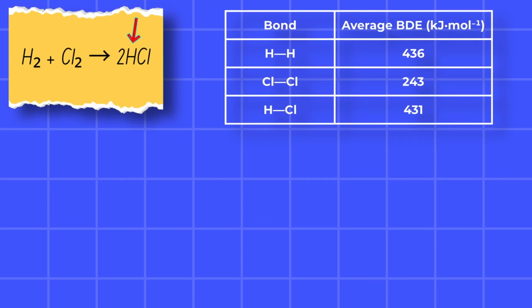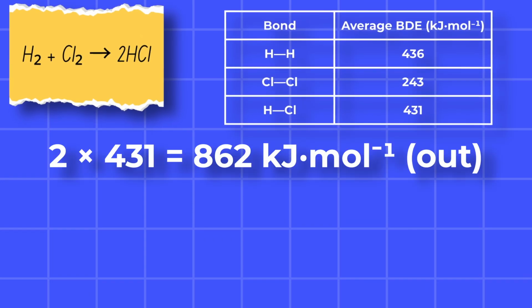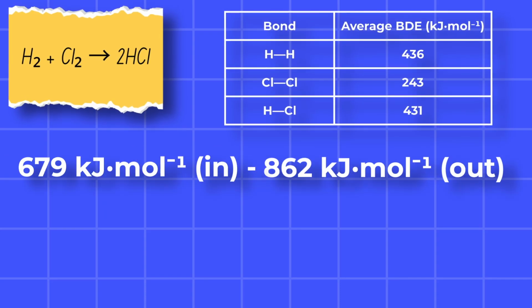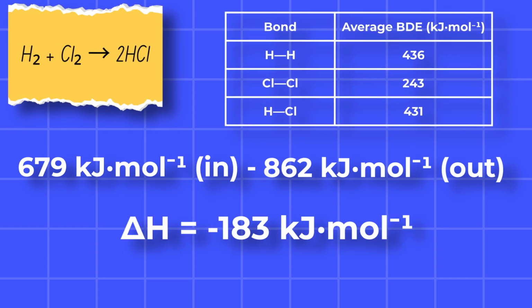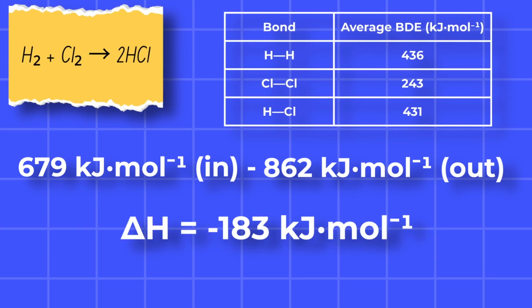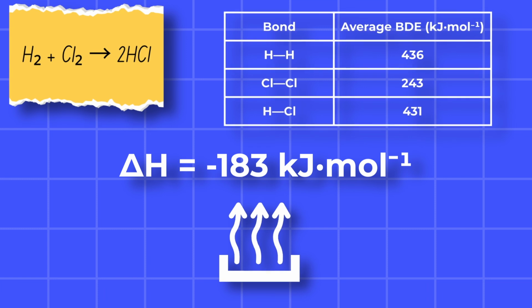Next, we form two HCl bonds. 2 times 431 gives 862 kilojoules per mole out. So, delta H is approximately 679 minus 862, which equals negative 183 kilojoules per mole. Negative means exothermic. We formed stronger bonds than we broke, so heat is released.